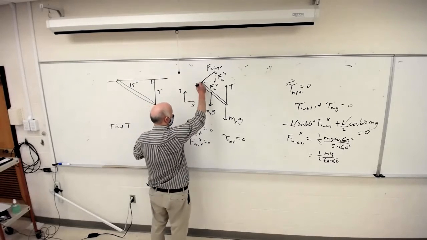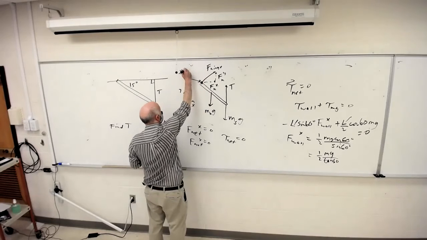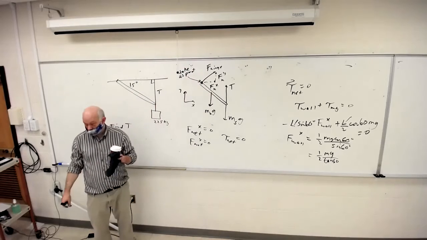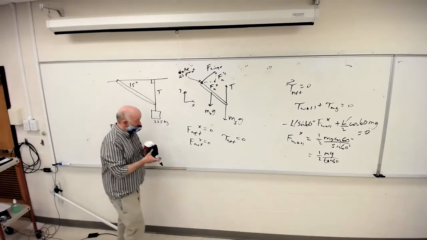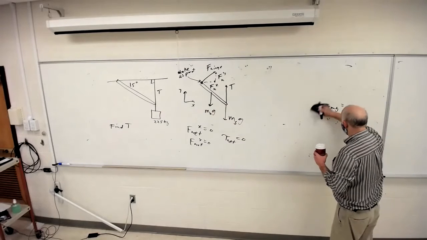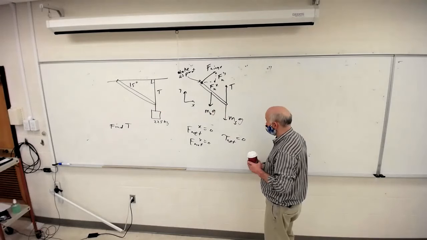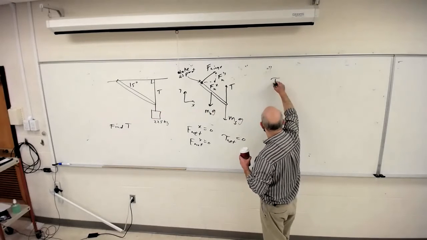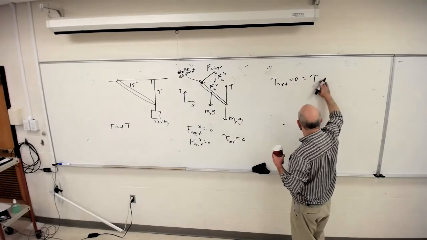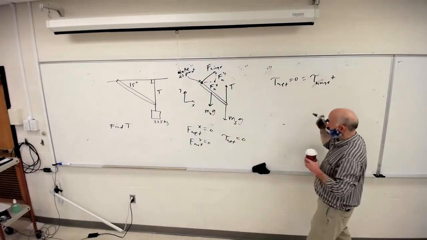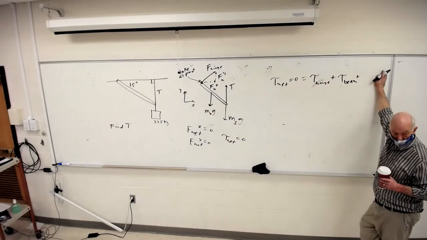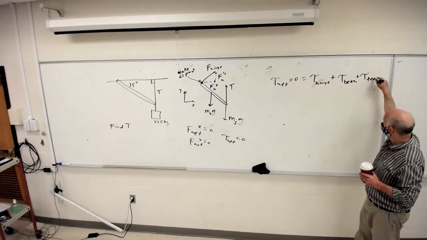We're going to take this to be the pivot. Okay, so if we do that, what do we get? The net torque equals the torque of the hinge, which is 0, plus the torque of the beam, plus the torque of the tension.